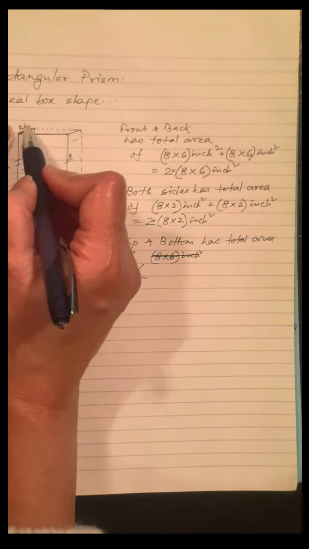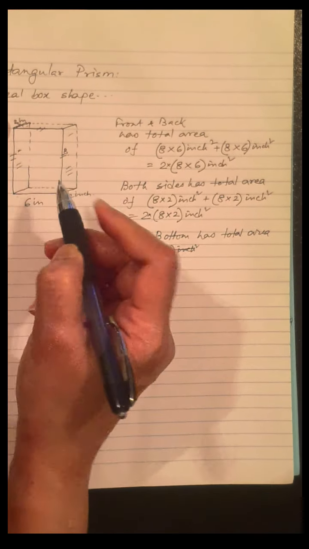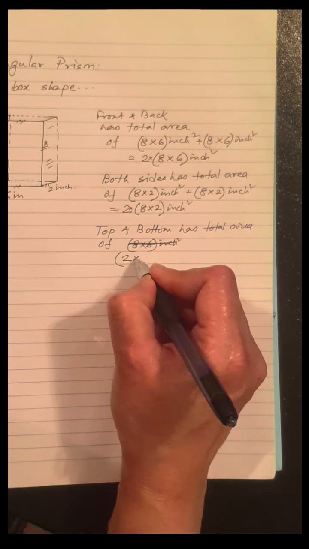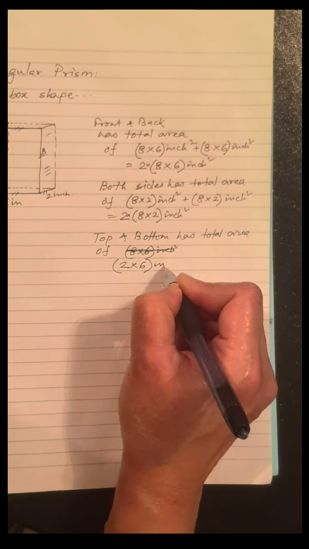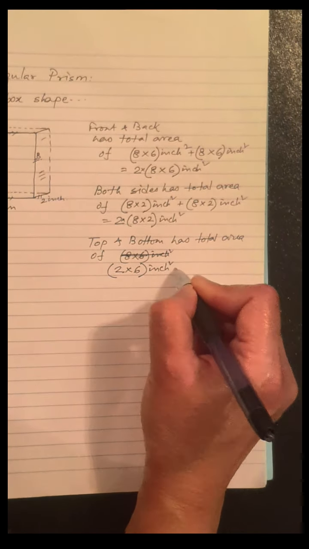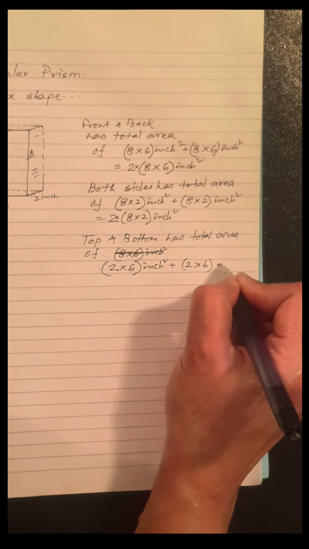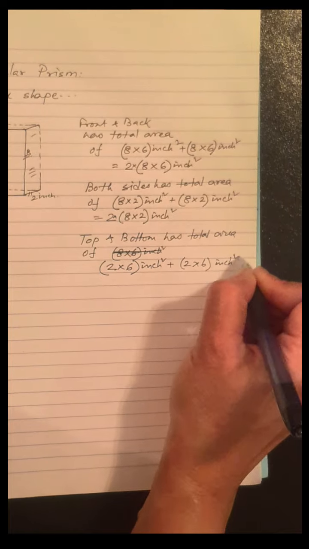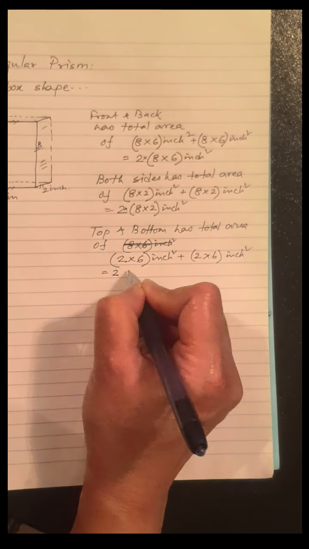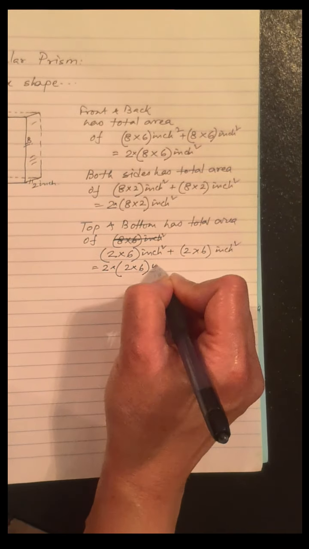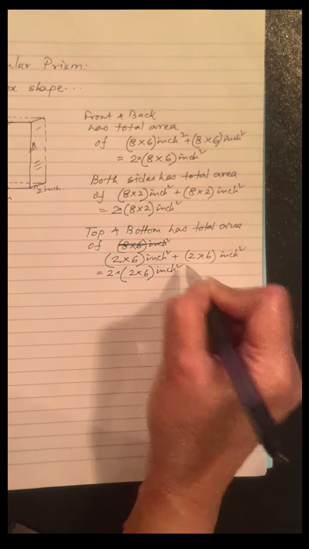So this is 2 and this is 6. This is 2 and this is 6. So 2 times 6 inches square plus 2 times 6 inches square. So total is 2 times 2 times 6 inches square.